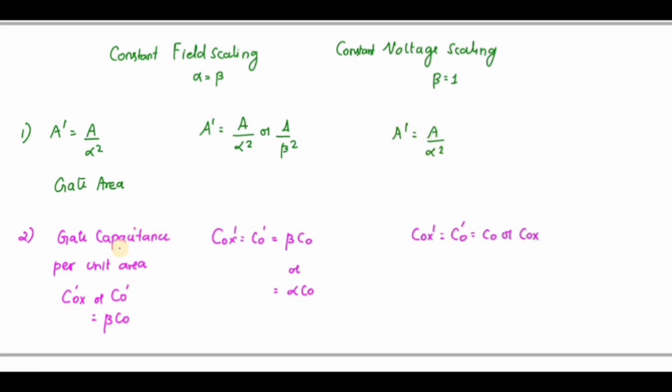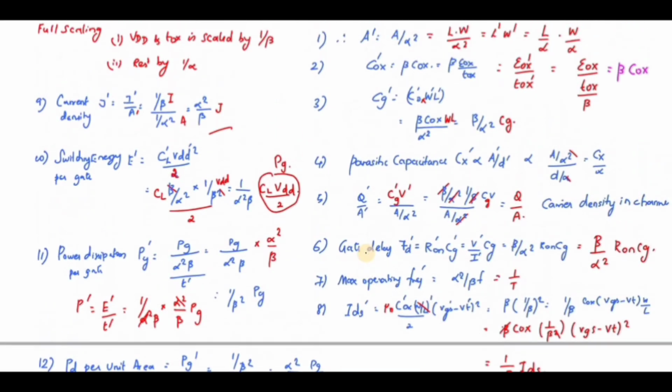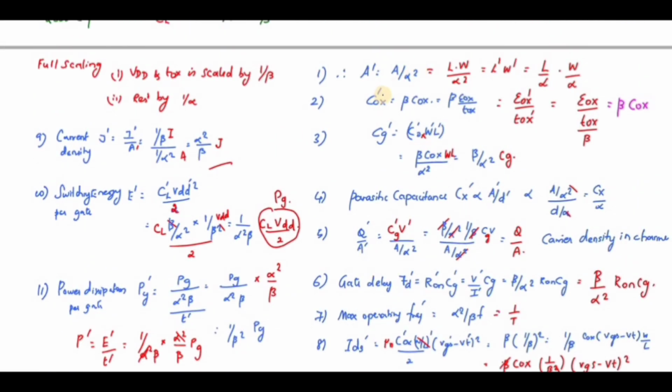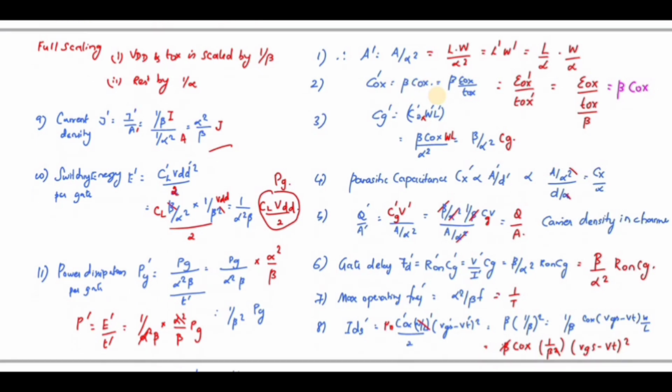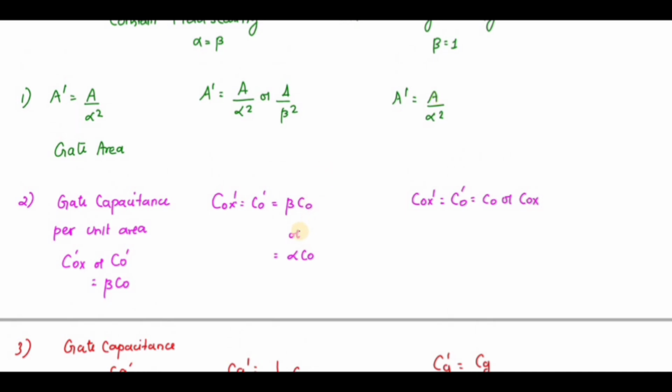Next, gate capacitance per unit area, that is represented as Cox bar or C naught bar, which is equal to beta into C naught, which we have already discussed, right? So here Cox bar is equal to beta into Cox. It may be written as beta C naught or alpha C naught.